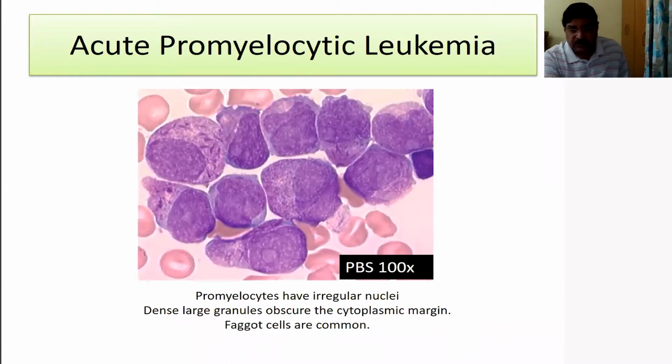Arsenic trioxide and all-trans-retinoic acid have created wonders in the treatment of acute promyelocytic leukemia. They don't die anymore. The long-term outcome is excellent. Almost 90% of the patients will get cured with all-trans-retinoic acid and ATO. Next.